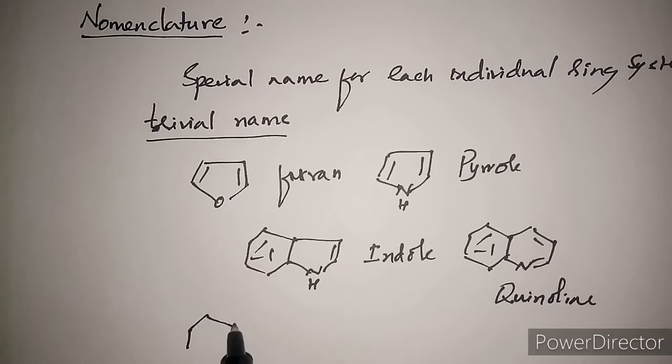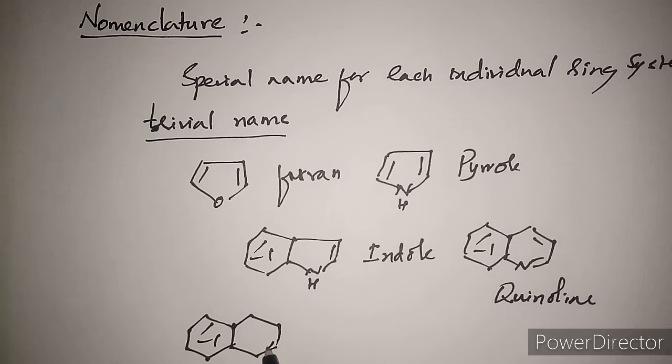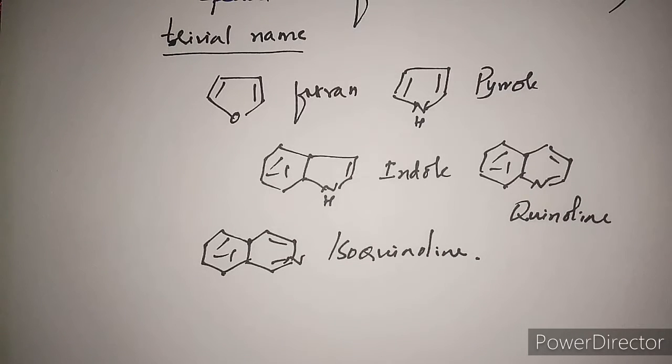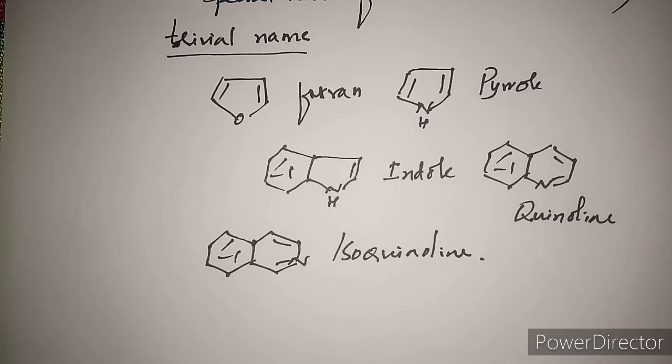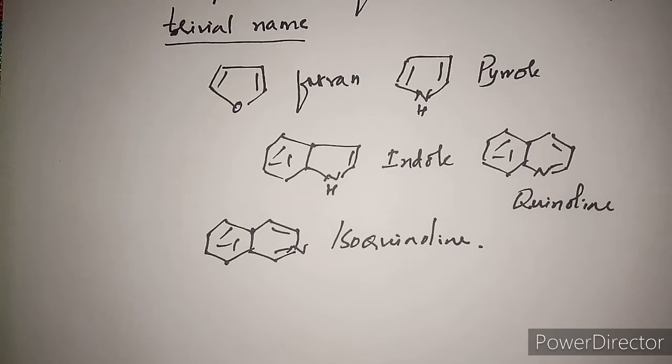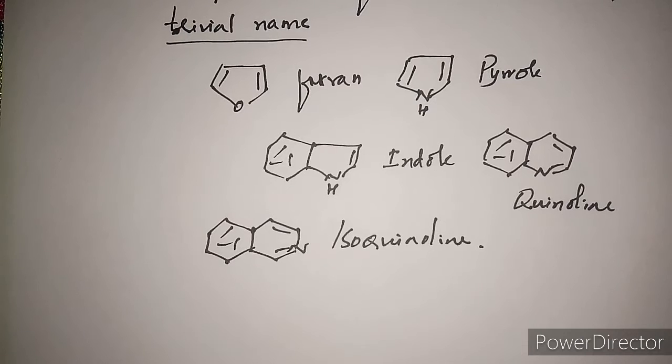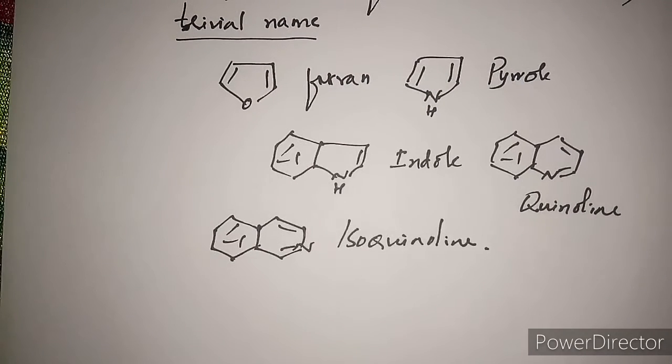Another, where only the position of the nitrogen is different, we call isoguanine. So these are some trivial names of individual compounds. In this case, we don't get any structural information, ring size, or nature of the heteroatom, but these trivial names are still widely used today.